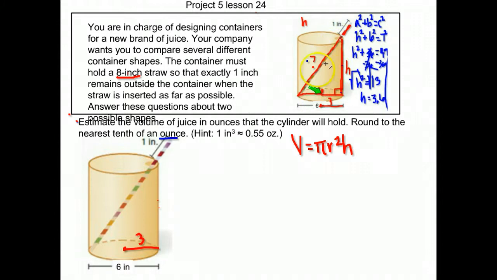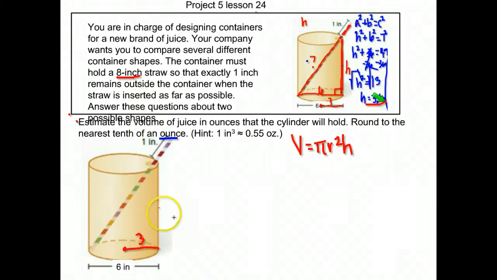Notice I was able to form a right triangle with across my base here being 6 and my height, what I'm looking for. I used the Pythagorean theorem and found the height of the container. So if you have questions about that, go back to Lesson 23 questions, and there is a video right there before that part of the project to help you with that. But rather than go through it all again, just go back to there.